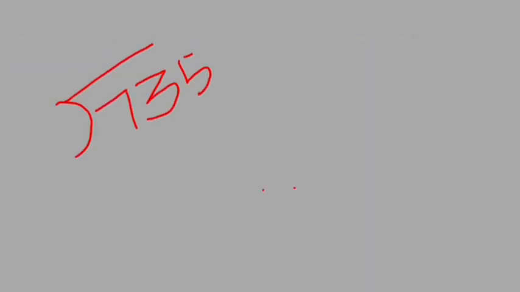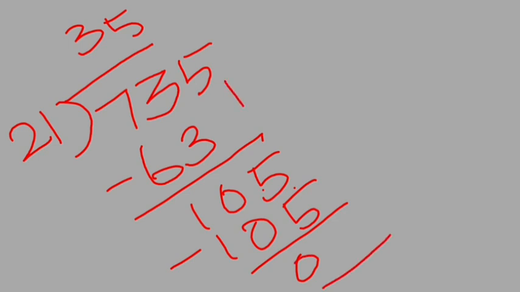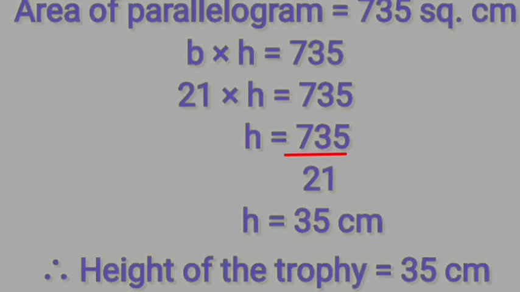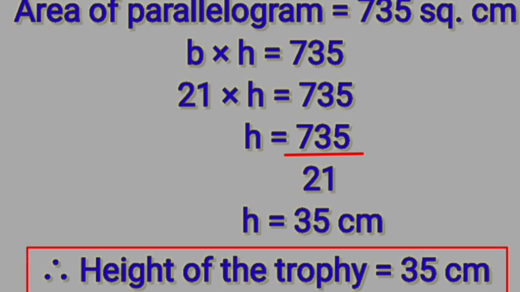Let's see how I divide 735 by 21. 3 21s are 63. Subtracting 63 from 73, we get 10. Bring down 5, we get 105. 5 21s are 105. From the quotient, we get the answer as 35. Therefore, the height of the trophy is 35 centimeter.